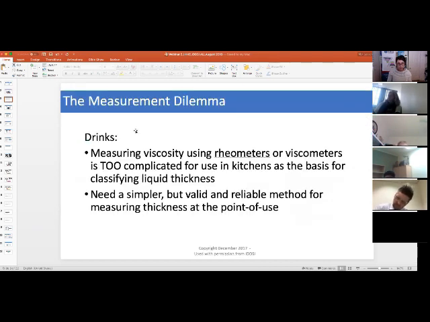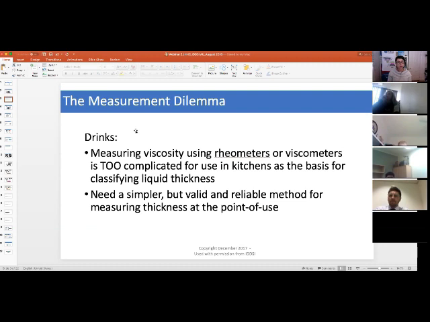So we have got a bit of a measurement dilemma. One of the things that was put to the International Committee when we were developing the framework was putting into everybody's hands a way of measuring that was accessible. Things like rheometers and viscometers are really expensive. We're talking up to $250,000 for the very highly skilled rheometers, and even other devices like the Bostwick consistometer are still a sizable investment as well.